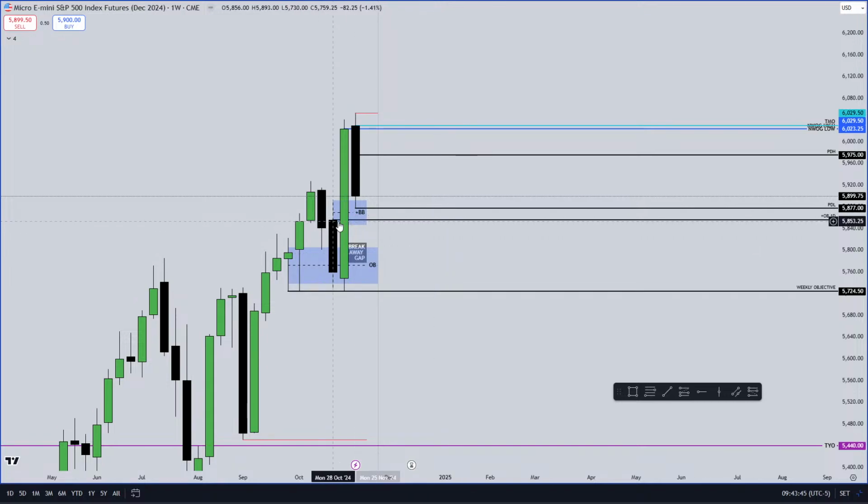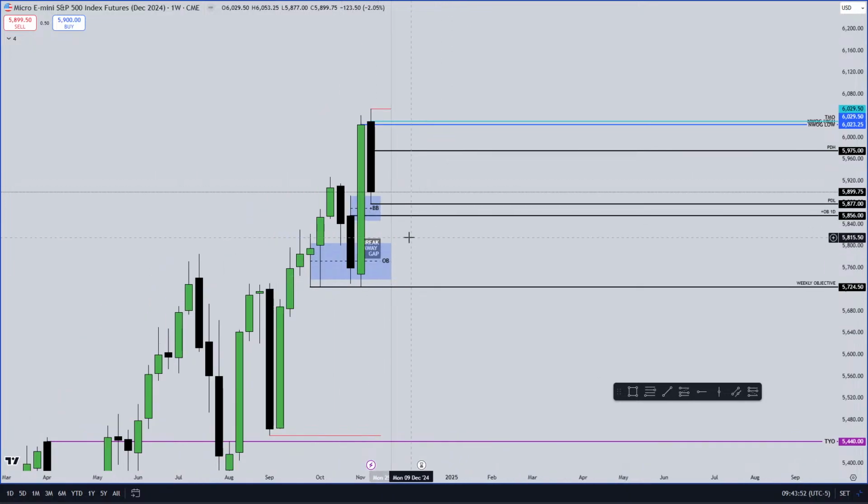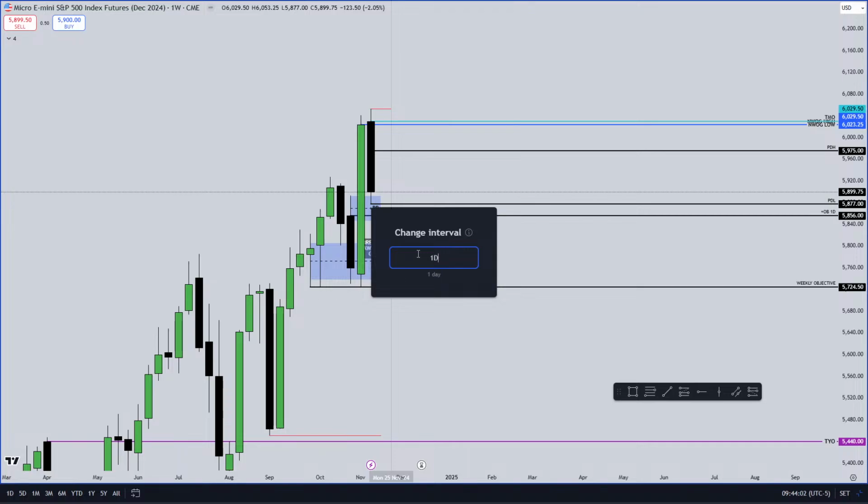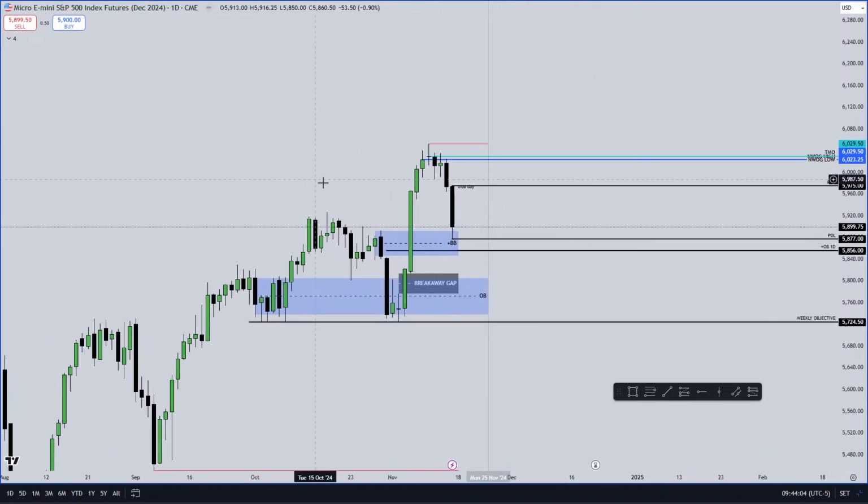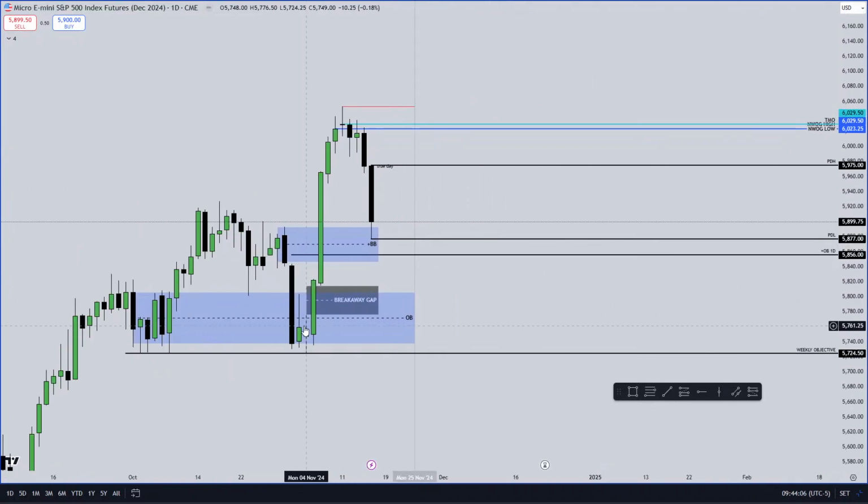As we can see on the weekly time frame, we have this order block. This is supposed to hold the price. As per the cycle, we had an X on the first quarter of November.